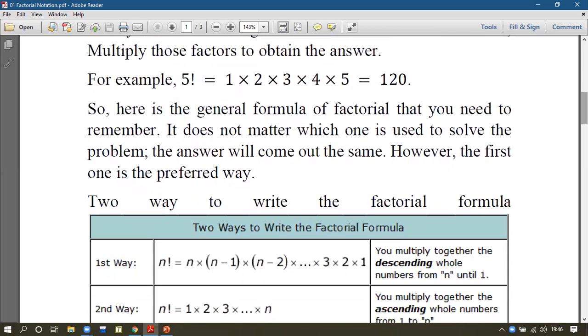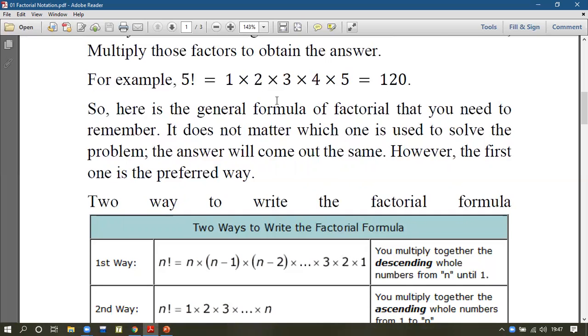So here is the general formula of factorial that you need to remember. It does not matter which one is used to solve the problem; the answer will come out the same, as we saw in the previous part.